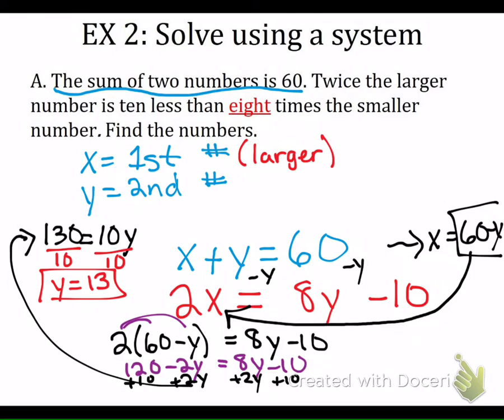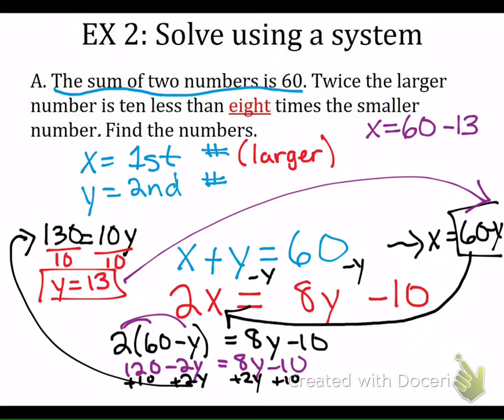All right. Now what? I do what now? Plug it right back into here. So x equals 60 minus 13, which is what? 47, got it.